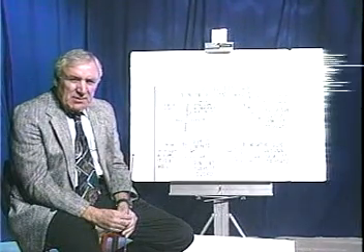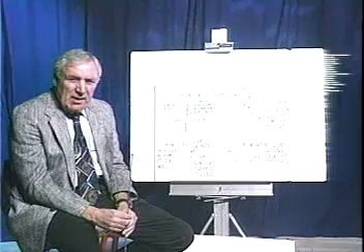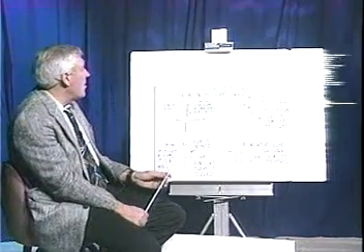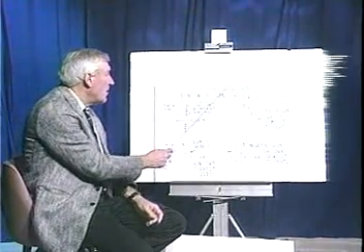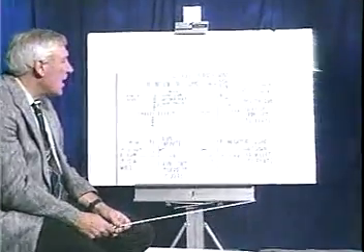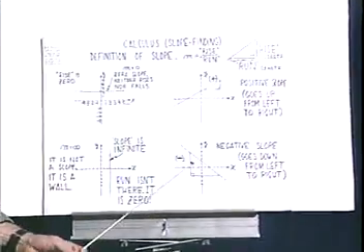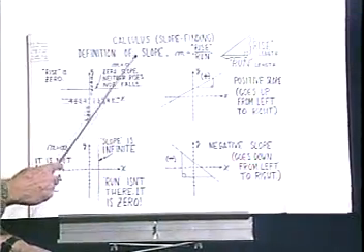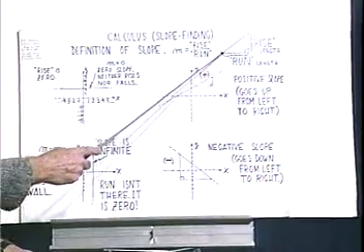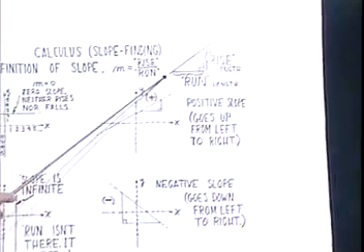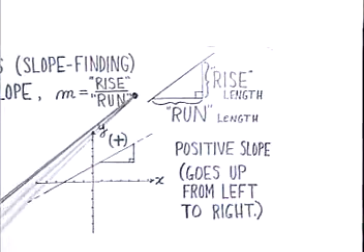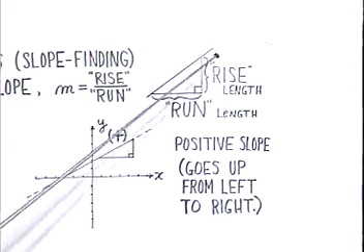And let's proceed right away with slope finding, because that is what calculus is at the start. So let's take a look at the definition of slope. Here is the line we are talking about, this line that's going up from left to right.